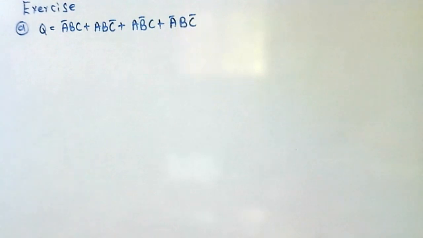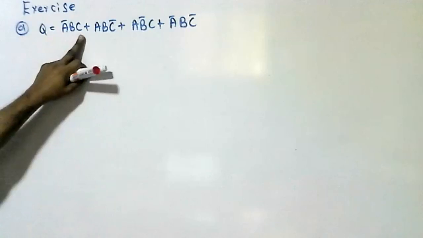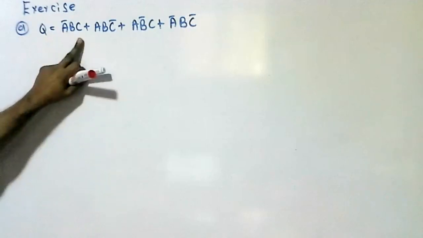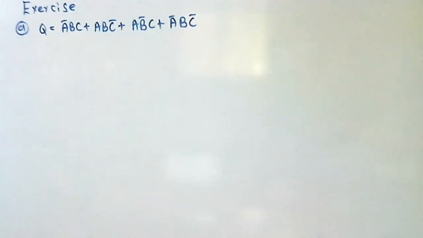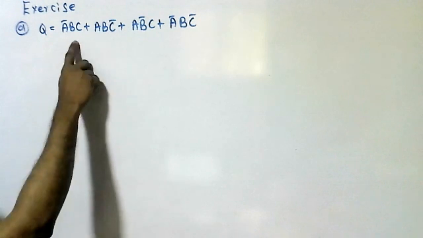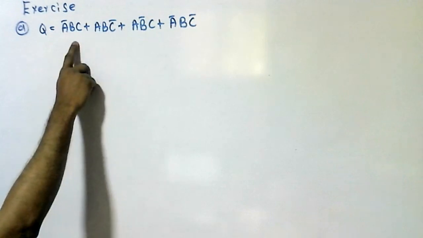Actually, most probably we are getting a POS expression to simplify. So a POS expression we can simplify using Karnaugh maps. First of all, we have to draw a Karnaugh map according to the variables we need, according to the inputs. How many inputs are there in this expression? 3, students? Yeah, 3 inputs.